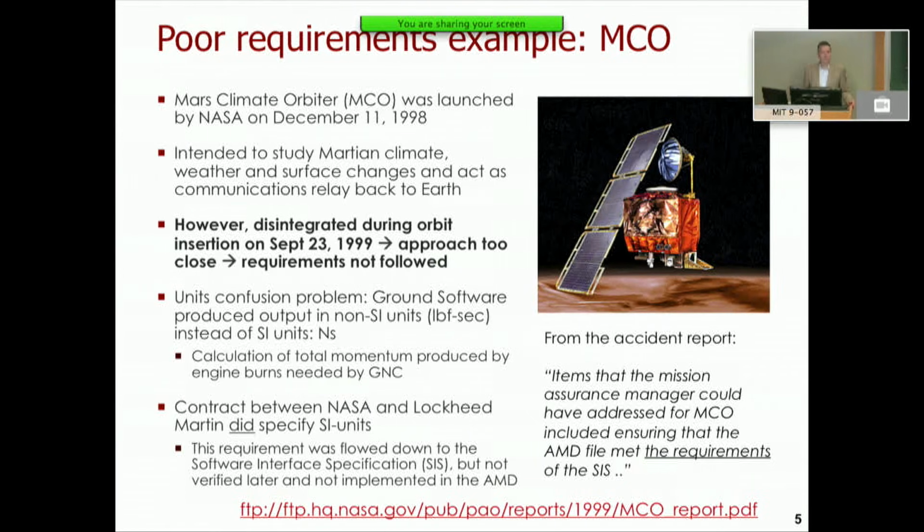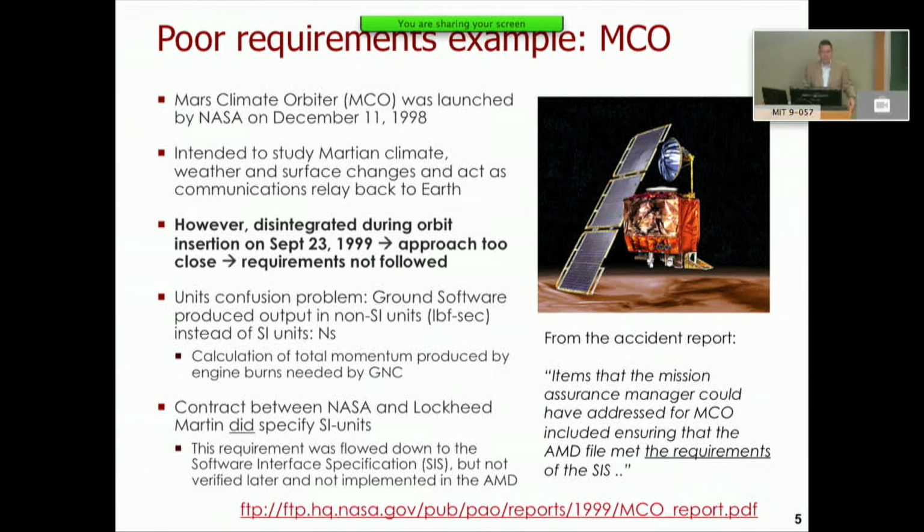So MCO was a very well-known mission failure that happened just about 20, not quite 20 years ago. Mars Climate Orbiter. It was launched in December 1998, and it had multiple functions. Study the Martian climate, weather, and surface changes, and it was to act as a relay satellite for the Mars Polar Lander, which came after it, and also failed.